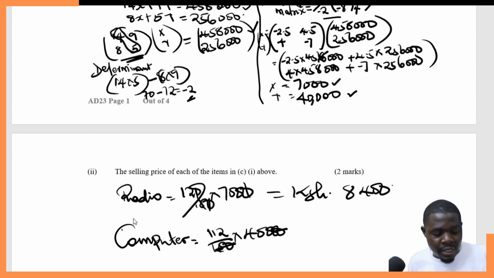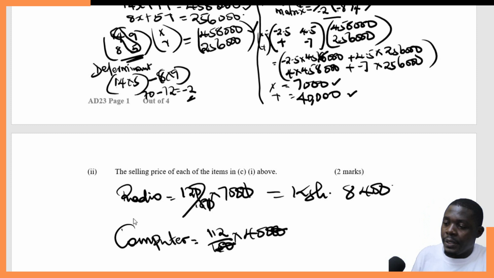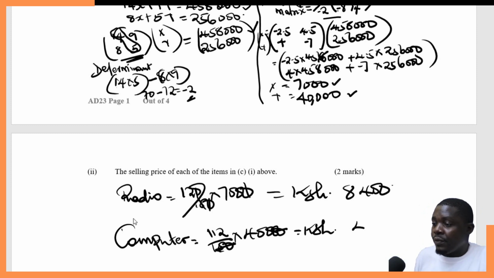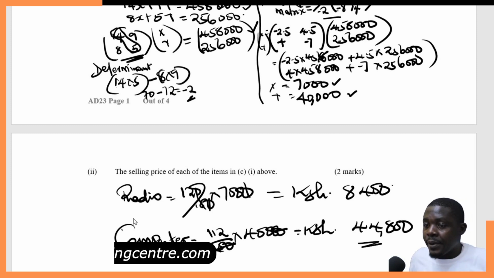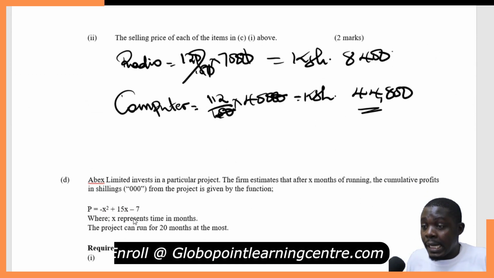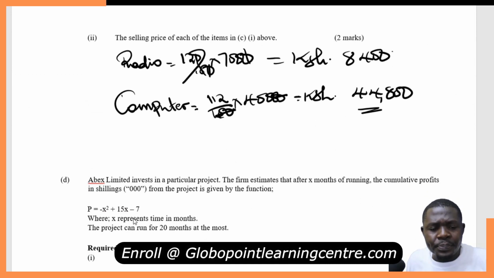If we do that, multiplying by 112 divided by 100, you get that the computers were sold at 44,800 respectively. That's the price of computer and radio.